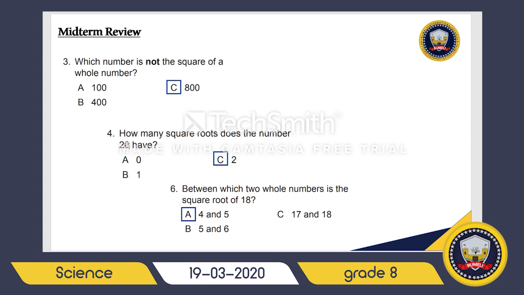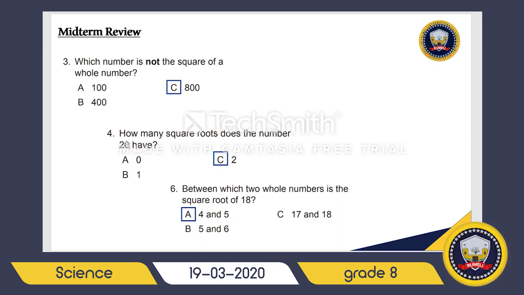Question 6. Between which two whole numbers is the square root of 18? We know that the square root of 18 is not a whole number. Why? Because 18 is not a perfect square. So between which two values is the square root of 18?